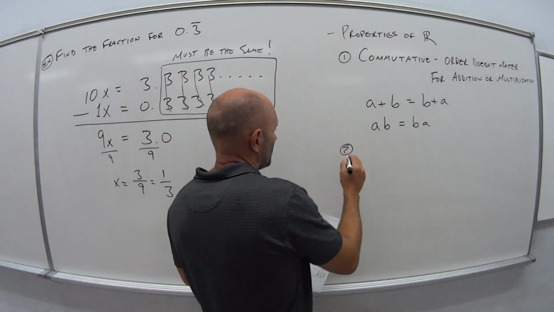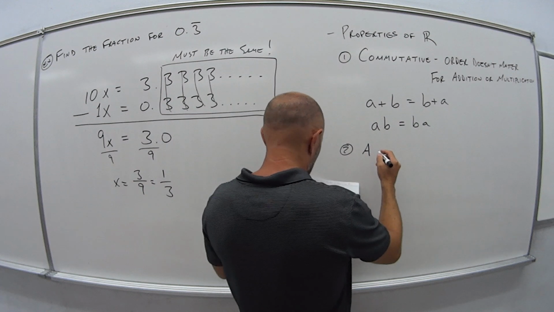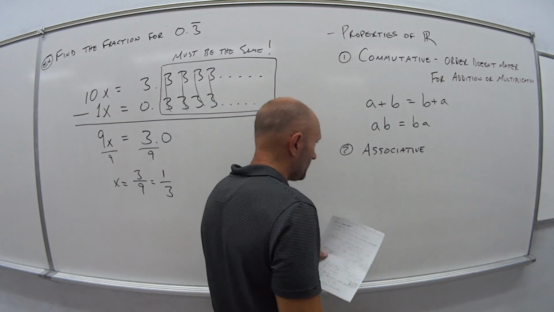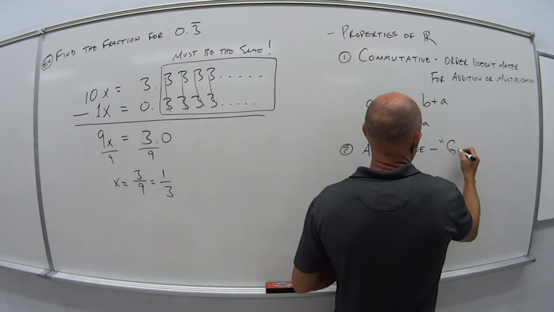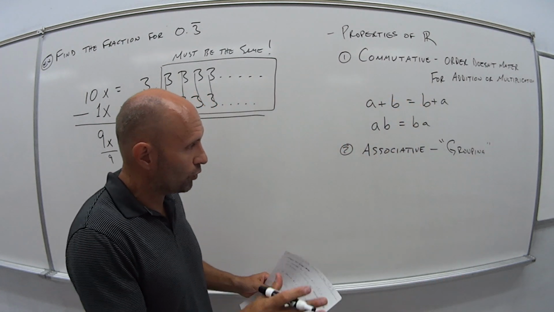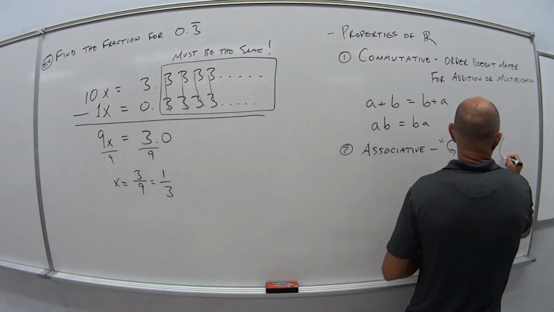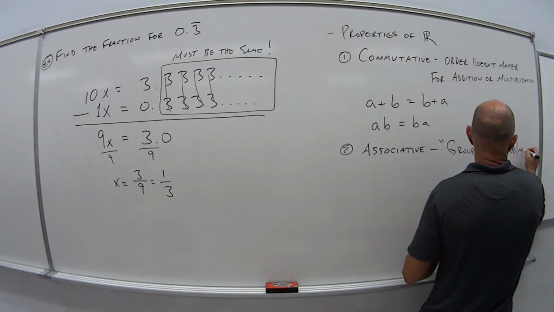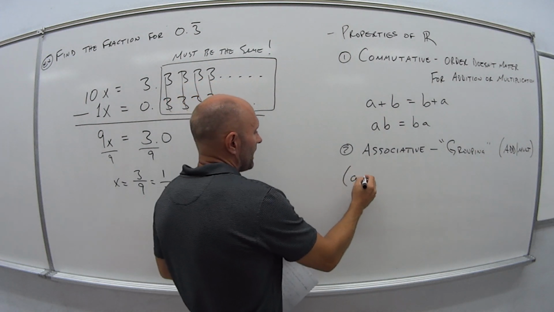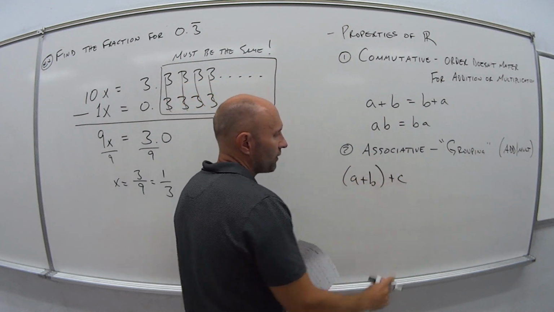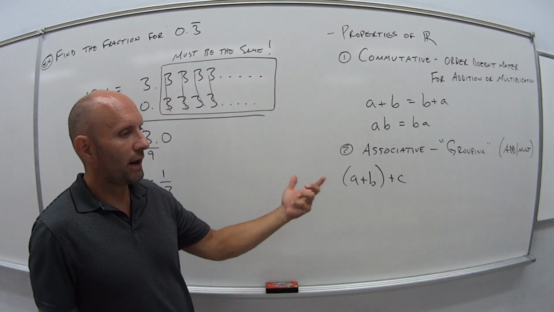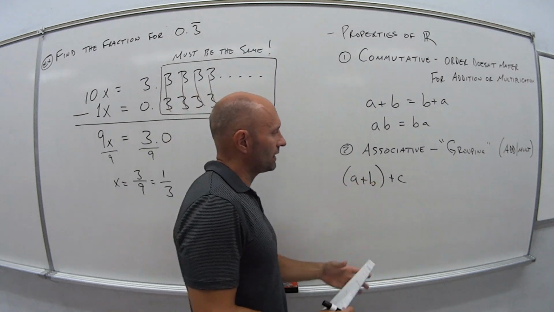Also for addition and multiplication, we have the associative property, which is grouping. So we can group it, and again it is for addition and multiplication. If I have A plus B and I add some number C, right now I'm grouping A and B, but I don't have to necessarily group those two together if I'm talking about addition.